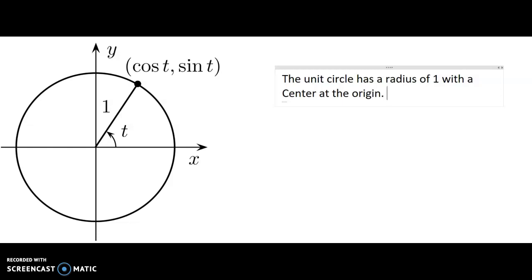Okay, so this is always true for the unit circle. The unit circle has a radius of 1, so from the center to here, that's 1. From the center to here, that's 1. From there to there, that's 1. From there to there, that's 1. From there to there.